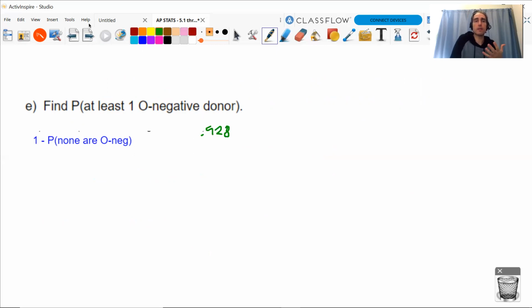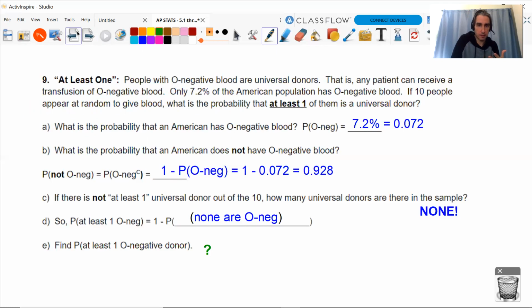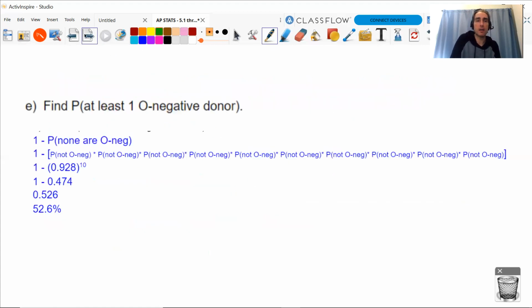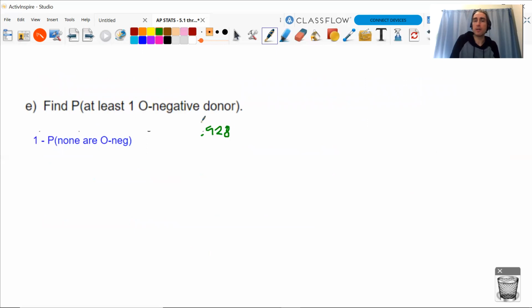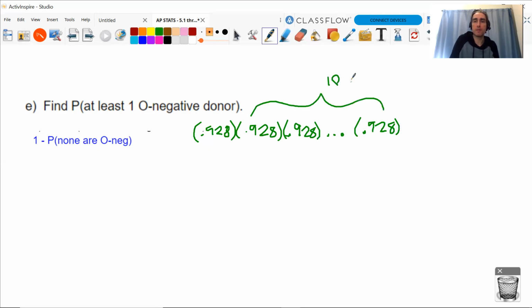But we're talking about a sample of 10, right? We're talking about 10 people. If there's at least 1 universal donor out of 10, then we have to think 0.928, and we want to think about this happening 10 times.